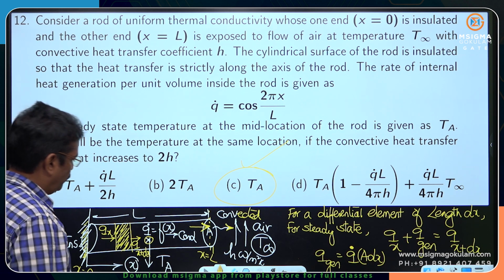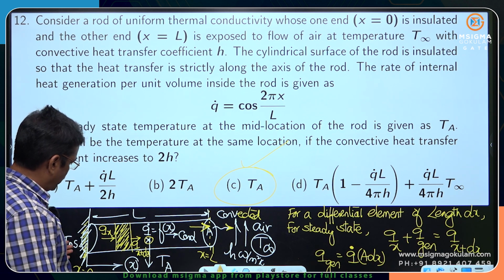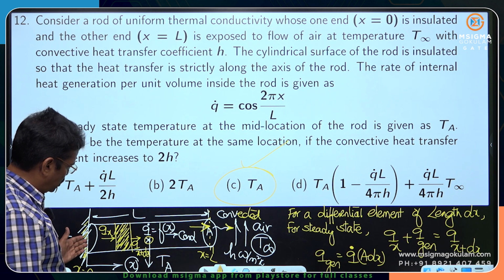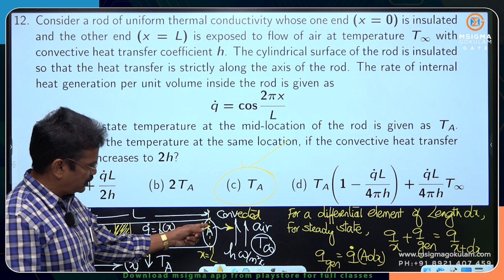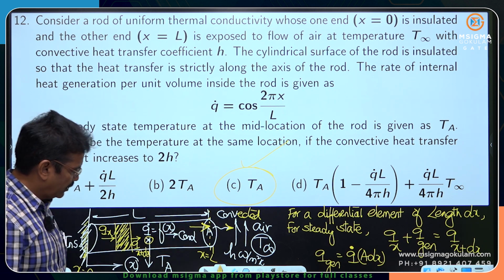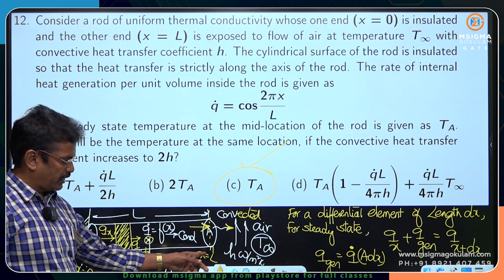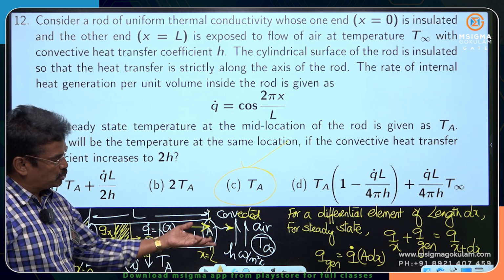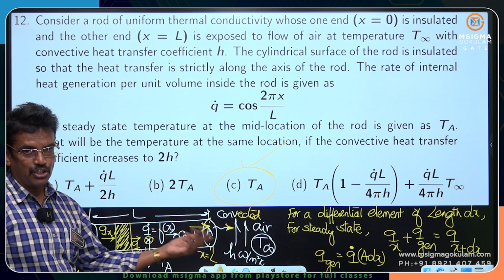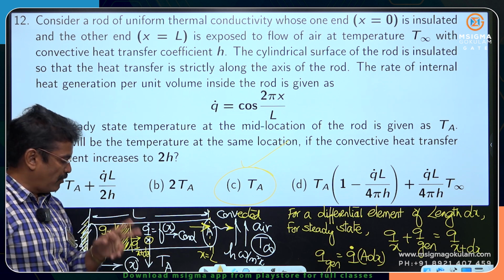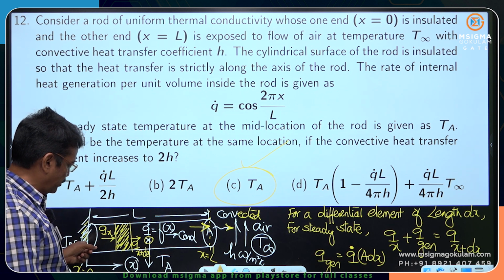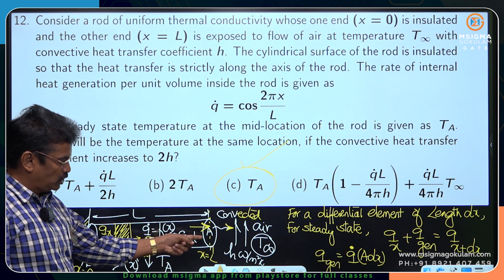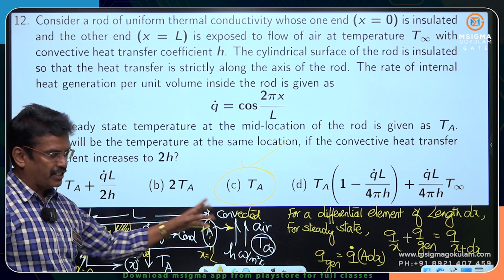Very good question. We have used the two boundary conditions: heat conducted is equal to 0 at one end, and here heat conducted is equal to heat convected. From that we got the temperature at x equals L, which is substituted in the temperature function to get C2. So there are two boundary conditions. One is the insulated boundary condition where the heat conducted is 0. At x equals L, heat conducted is equal to heat convected.